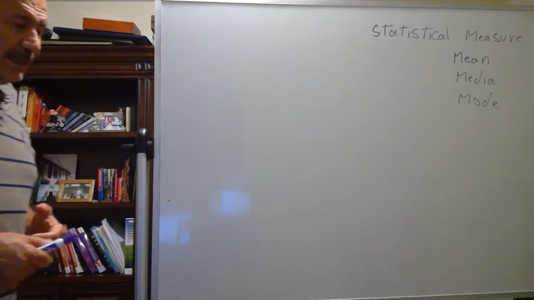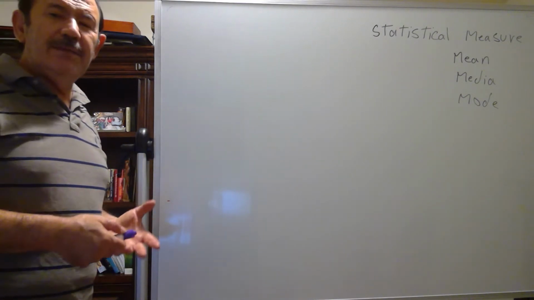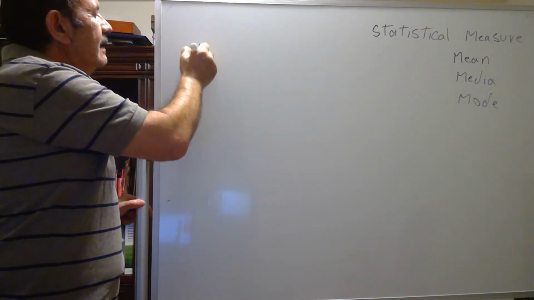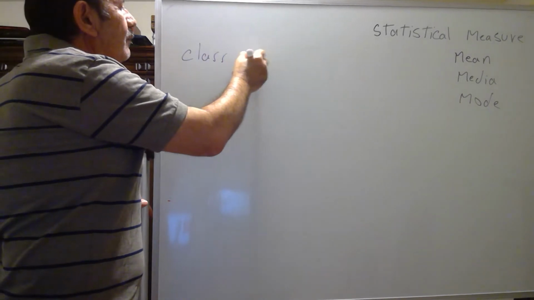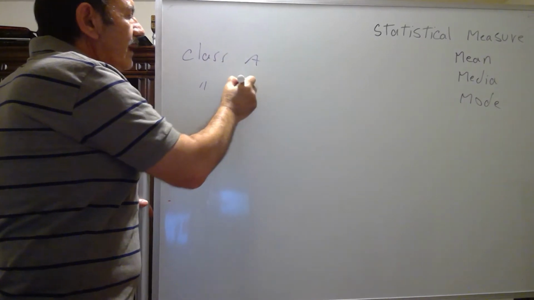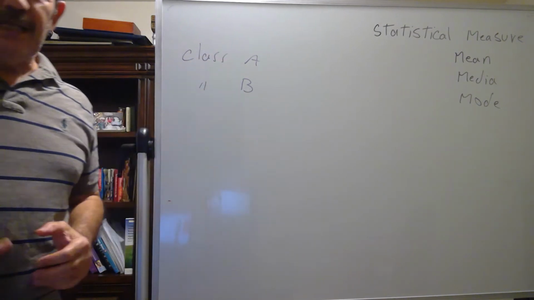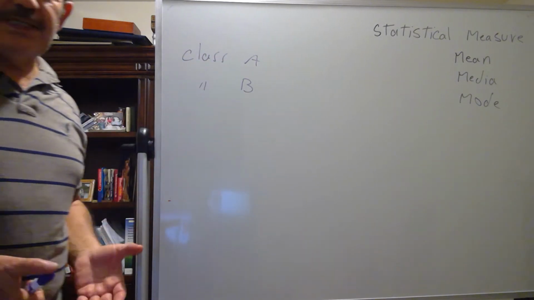As an example, let's say I have two mathematics classes, math class A and math class B, and I want to see which class has stronger students.